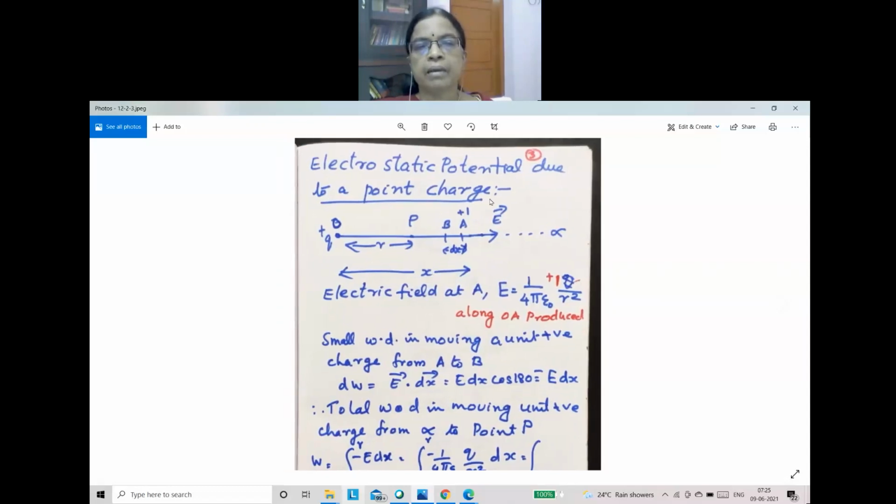Next, electrostatic potential due to a point charge. This is a very important derivation. For all the other topics, derivations are not needed, but the concept you should know. But here the derivation is very important.